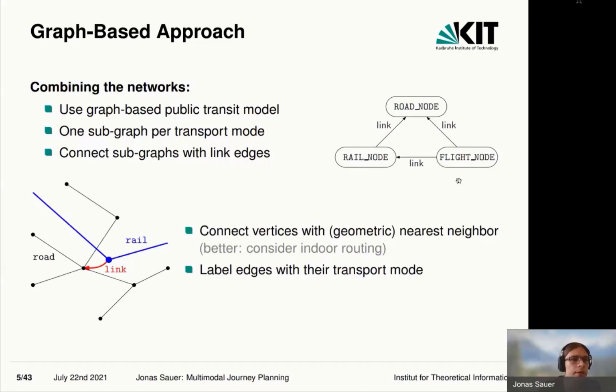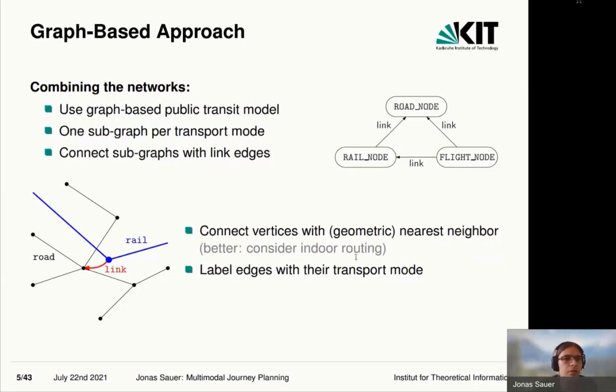Usually what we do, if we don't have any more precise information, is connect vertices with their geometric nearest neighbor. So we take the rail node, match it with the road network, find the nearest neighbor, and then add a link edge between the two. If we have more specific information, for example considering indoor routing, that's even better, but usually we can do pretty well by just matching nearest neighbors and inserting link edges between them.